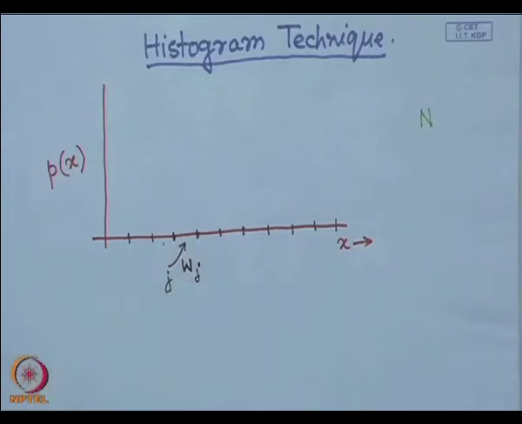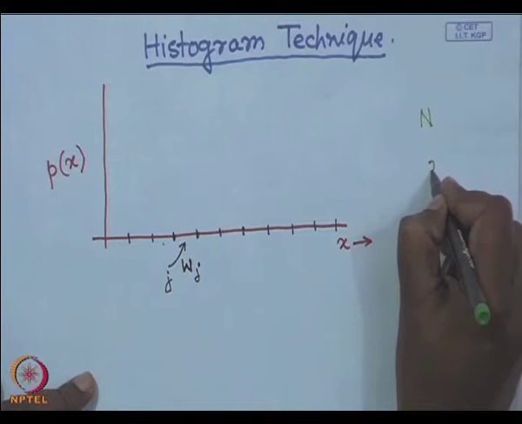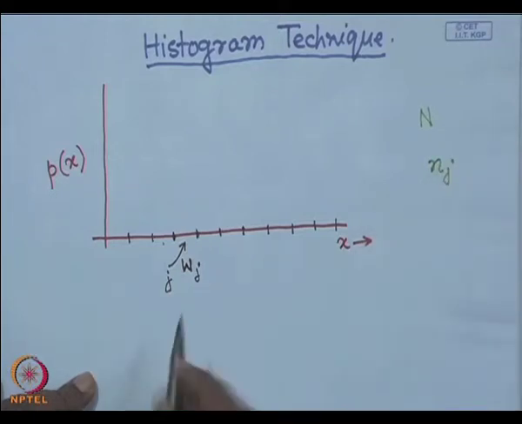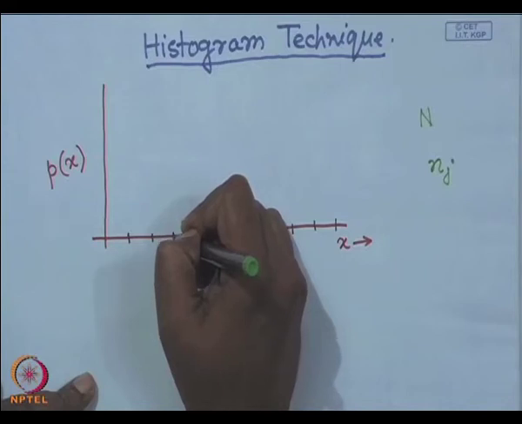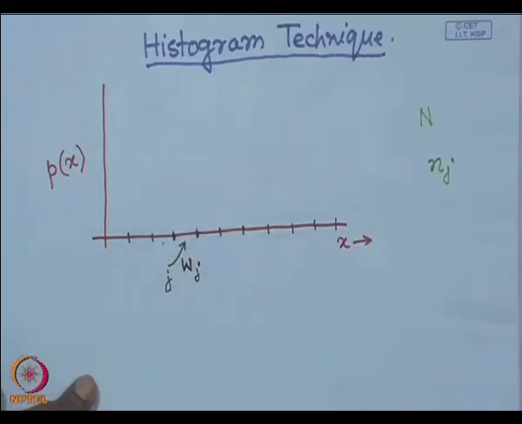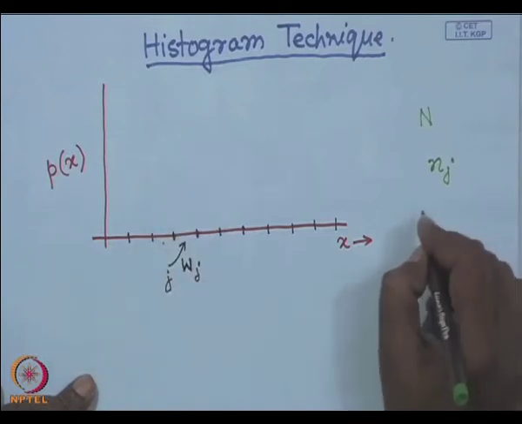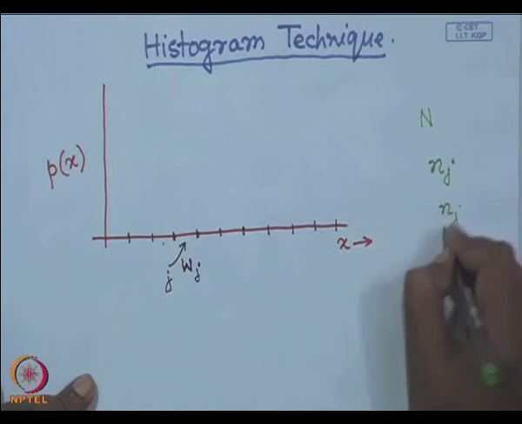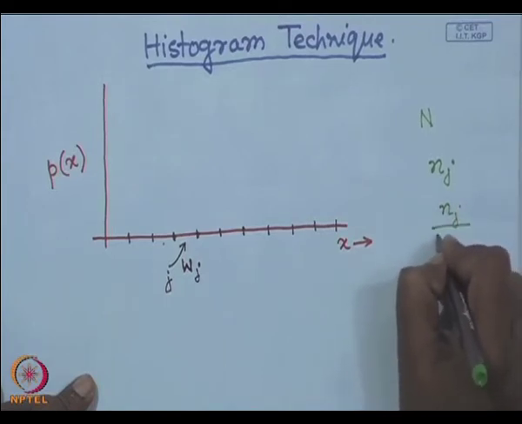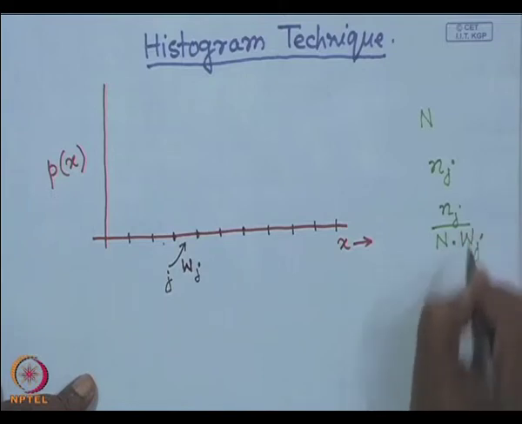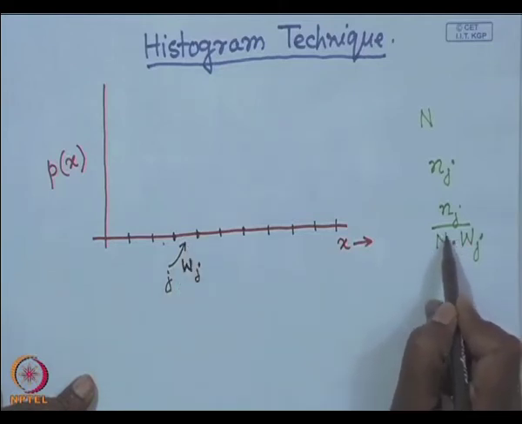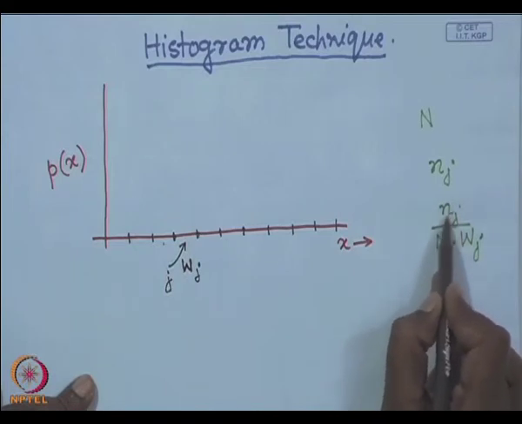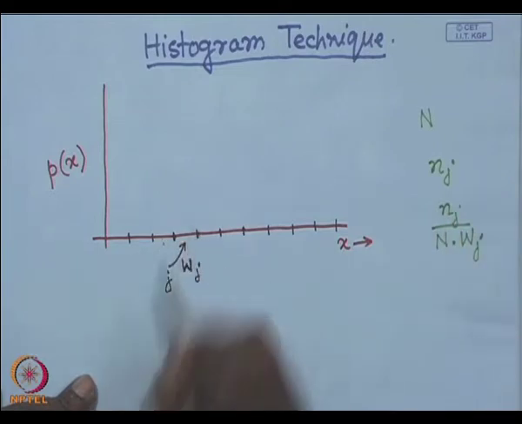So, by considering this, if I find that I have n j number of samples which falls within this jth interval, then I will have a bar graph representing the probability density function, where the height of the bar will be given by n j by N into w j, where w j is the width of the jth interval, capital N is the total number of samples that I have, and n j is the number of samples, out of these capital N number of samples, which falls in this jth interval.